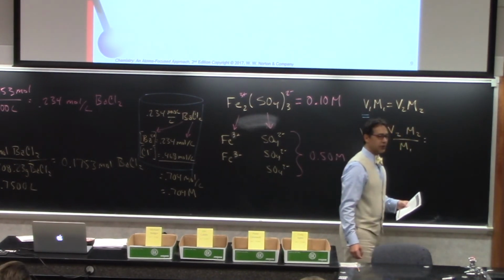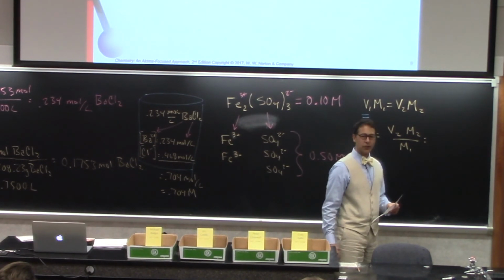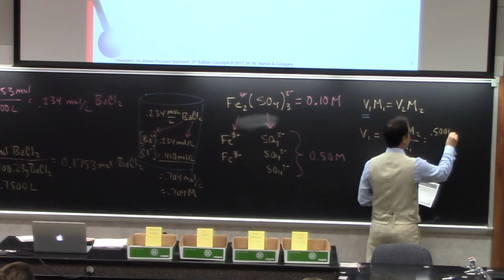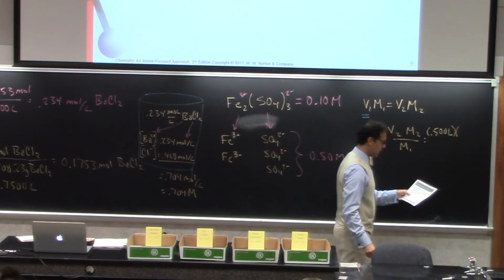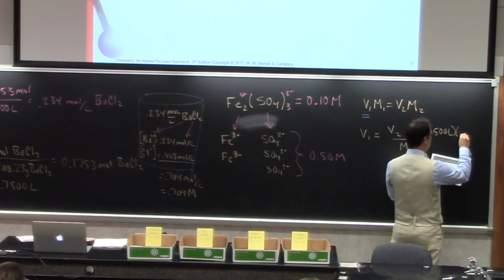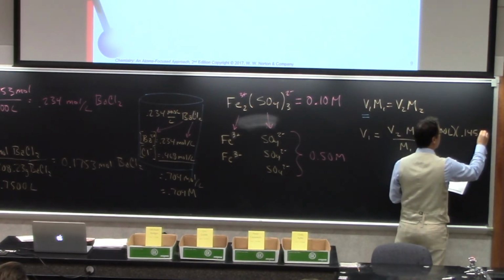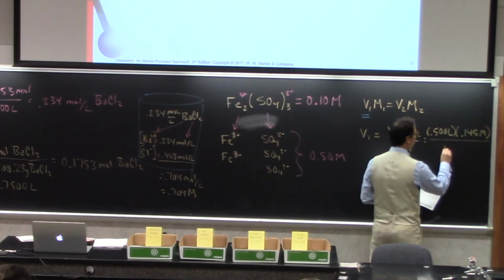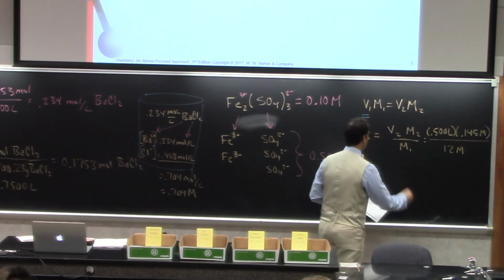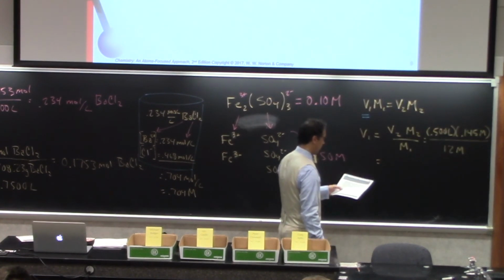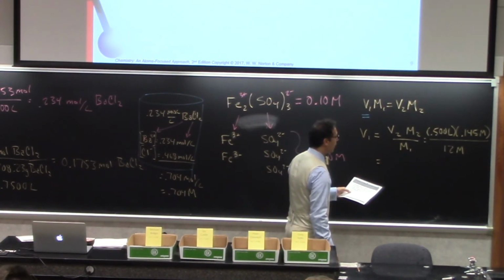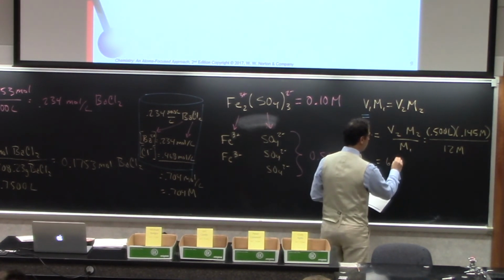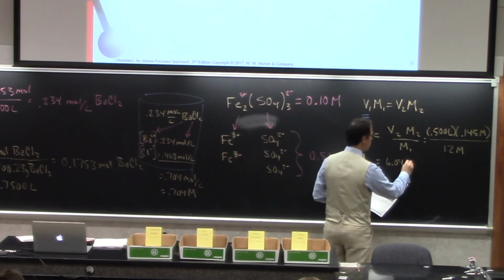Now I can convert 500 milliliters into liters, so that's 0.500 liters times my concentration when I'm done, which is 0.145 molar. And what I started with was 12 molar. Then when I'm done, I end up with how much of the stock solution I needed, and this is 6.04 milliliters.